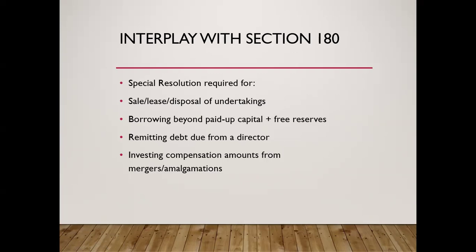For example, under section 180: selling, leasing, or otherwise disposing of undertakings, borrowing money beyond the aggregate of paid up capital and free reserves, remitting debt due from a director, and investing compensation amounts received from merger or amalgamation. So, boards must check whether the matter also triggers section 180 before acting on it.